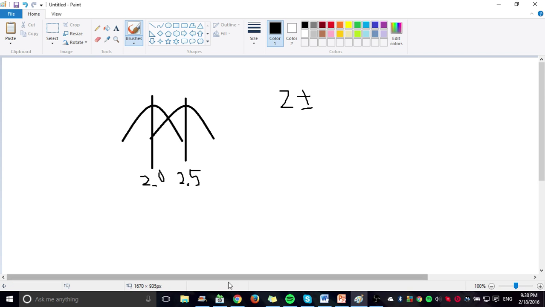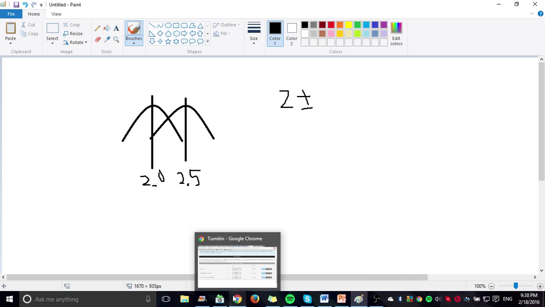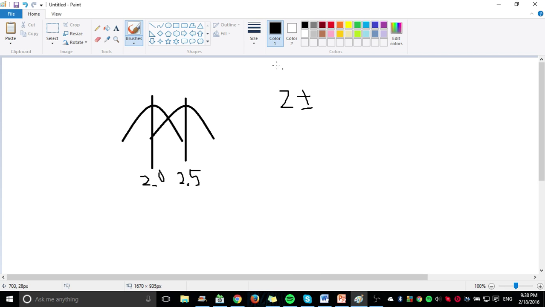Wait, I might be getting the equation itself wrong. Let me check if I'm writing the equation right. That would be awkward if I was using the wrong variables. Yeah, I knew I was doing something wrong.